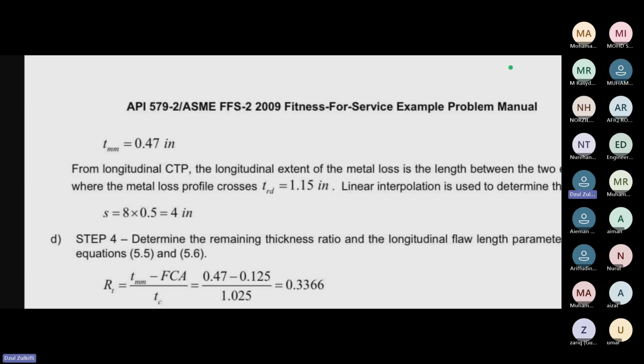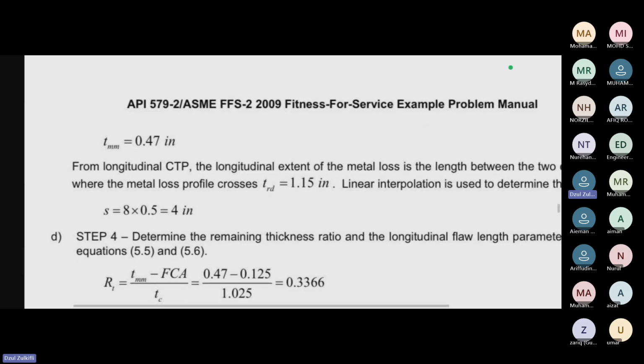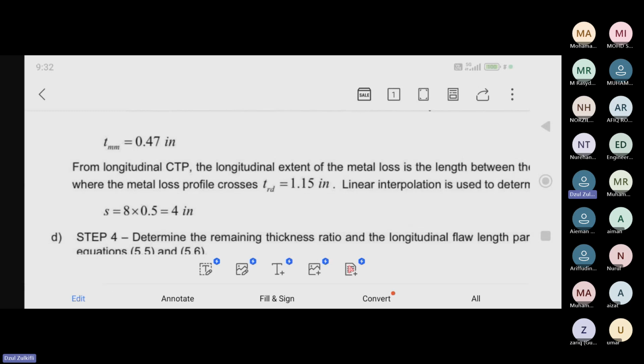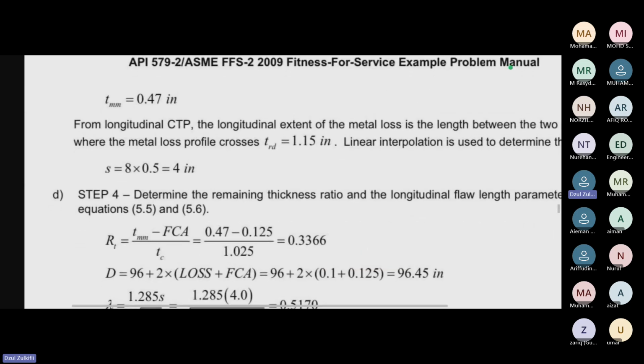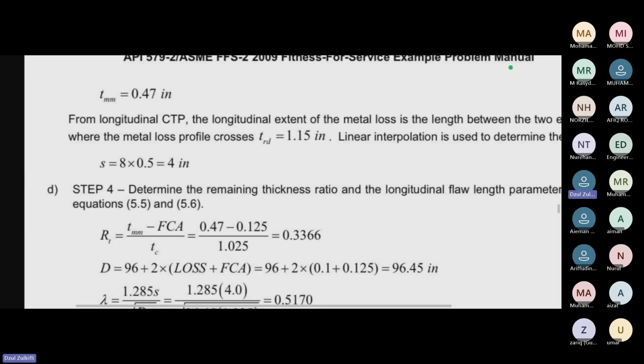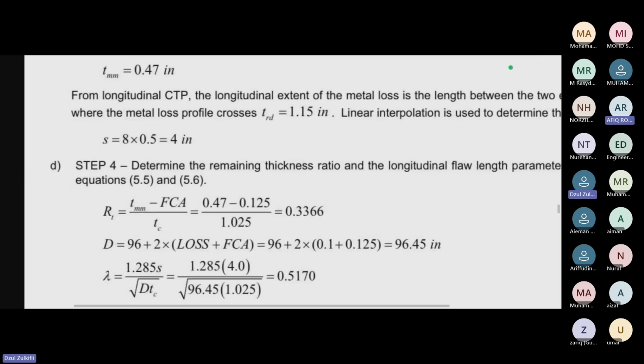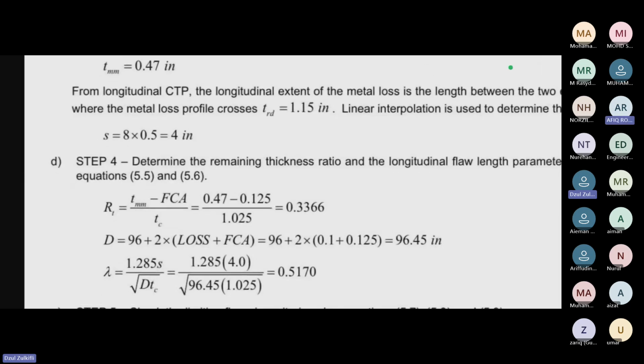So 0.3366. Now what I want you to calculate next is this longitudinal floor length parameter. I want you to calculate this yourself. So basically calculate lambda, which is 1.285 S over the square root of D times tc, that is, 1.285 S divided by the square root of D tc.